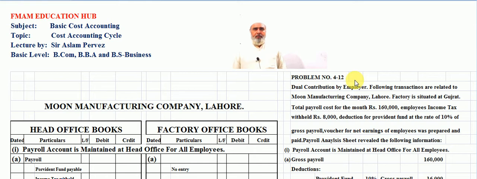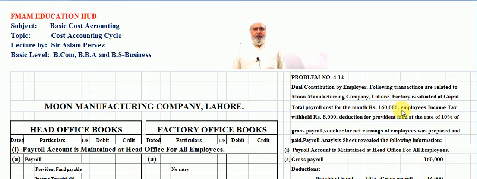Problem number 4.12, payroll contribution by employer. The following transactions are related to Moon Manufacturing Company, Lahore. The factory is situated at Gujarat. Total payroll cost for the month is rupees 1,60,000.